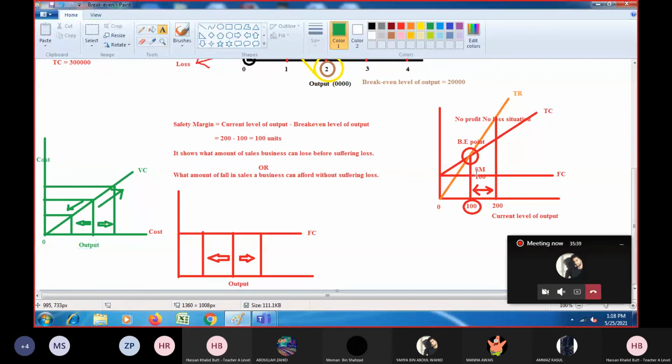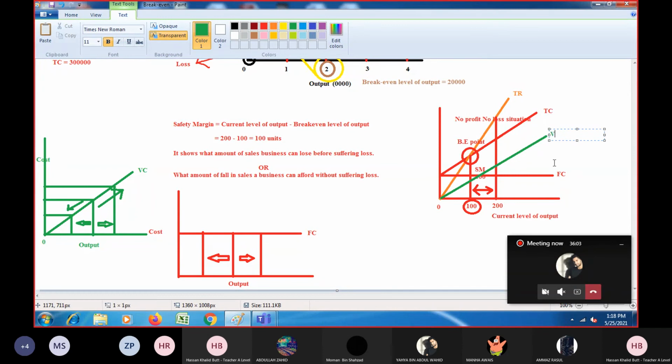Now, if we need to draw it on the break-even chart as well, see this diagram to your extreme right. Now we can draw variable cost there as well. Let's say this is the variable cost. Remember, do not get confused, because now there are two curves which start from the origin, or zero.